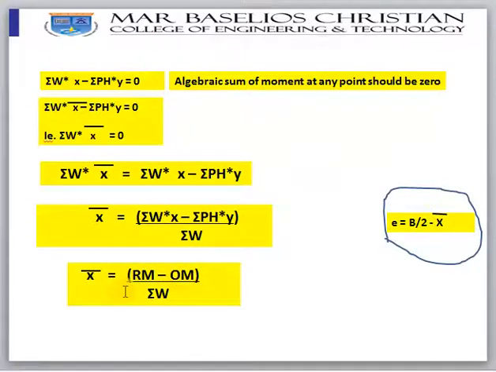So x bar is restoring moment minus overturning moment, divided by sigma W. You know how to calculate the restoring moment, the overturning moment, and sigma W. Once you get X bar, E is equal to B by 2 minus X bar will give you the eccentricity. Is that clear?